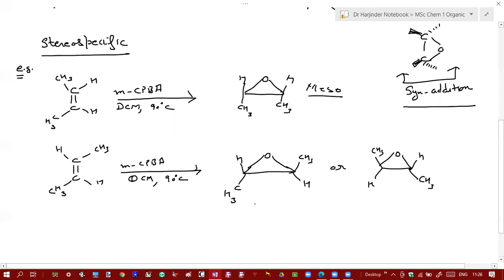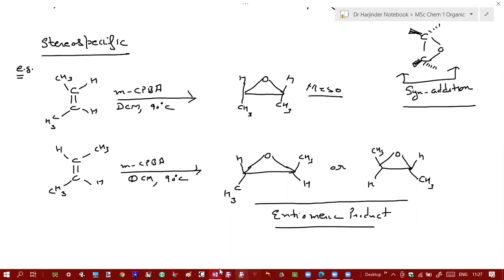So here you get a mixture of these two products, or two enantiomeric products. Now, any question up to this point? No, sir. Okay.